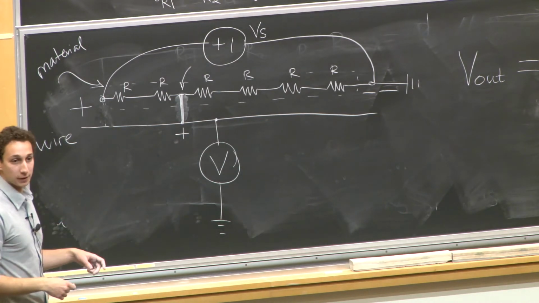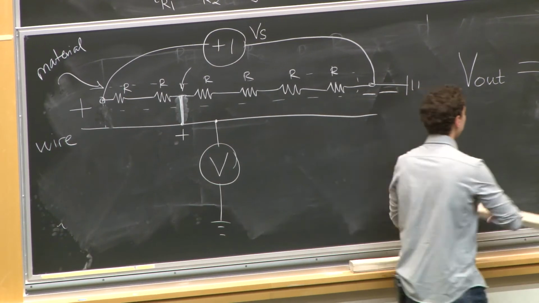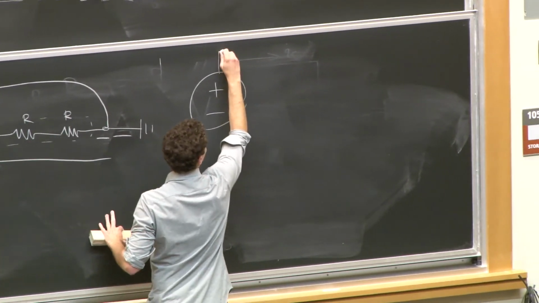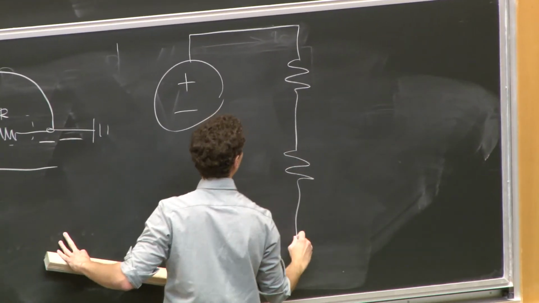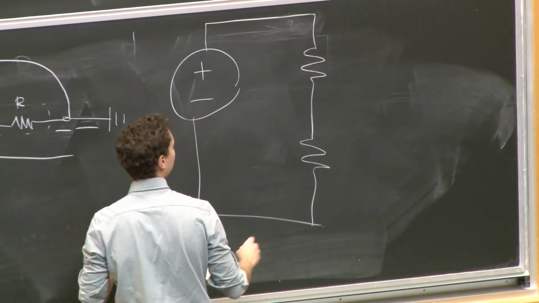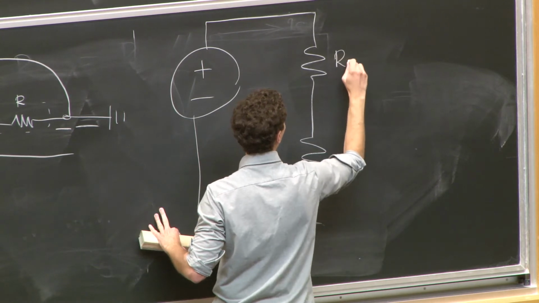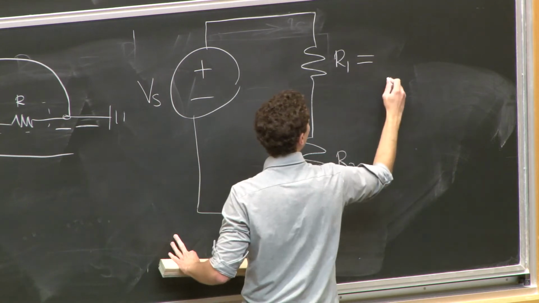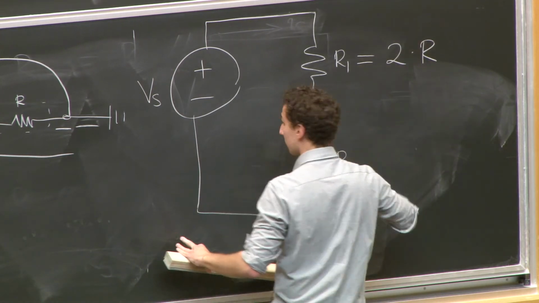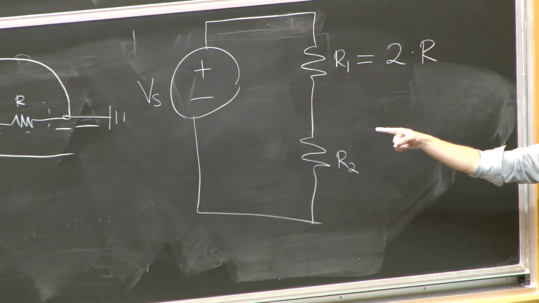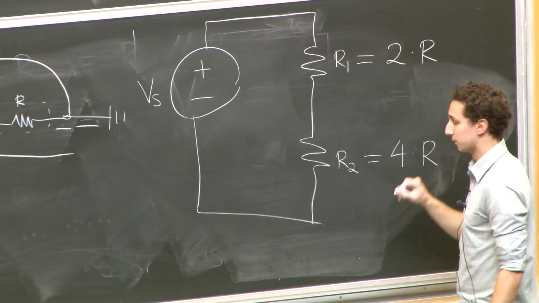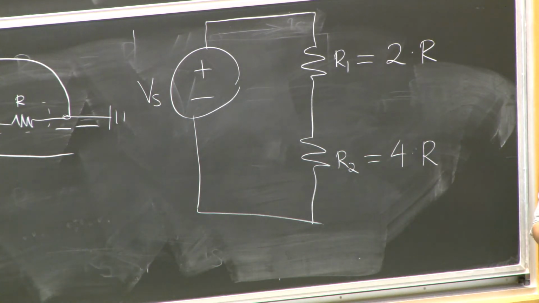Let me redraw this circuit. Equivalent circuit is the following. I've got R1 and R2 here, and here's my V source, where R1 is equal to 2 times R, where R is just one of those resistances, and R2 is 4 times R. Now, which voltage am I actually measuring?